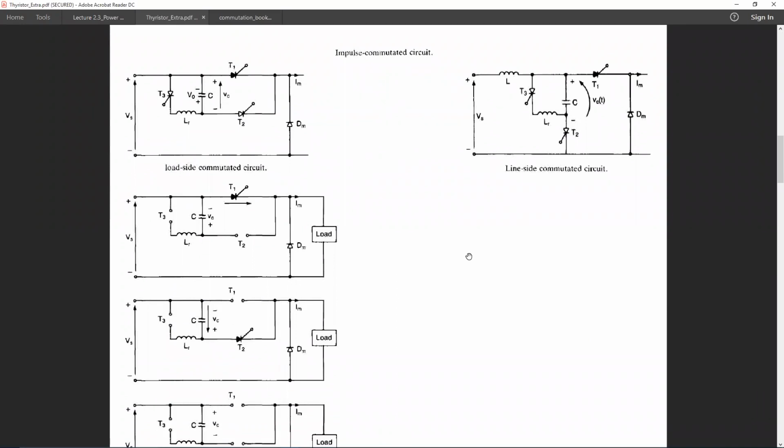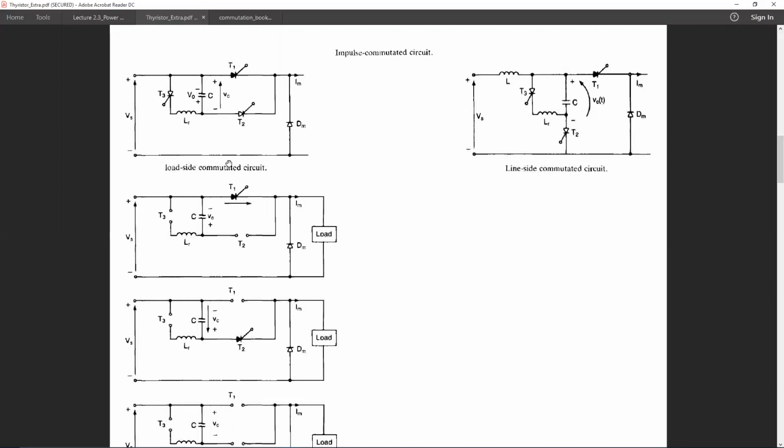So again, to summarize the commutation, the sole purpose of the commutation is to cease the IAK, or to reduce the IAK below holding current. In case of a resistive load, we can do this by simply reverse biasing the thyristor. So that will also work in case of a resistive load.